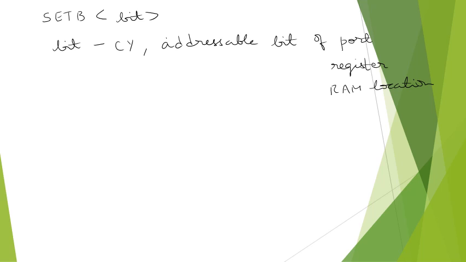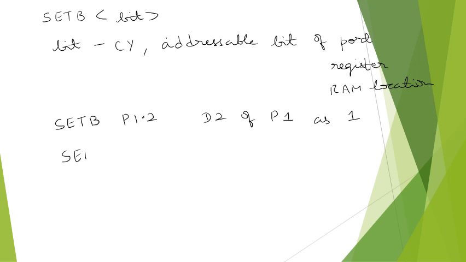So the SETB instruction is used as SETB P1.2. So this will set the D2 bit of port 1 as 1, that is high.